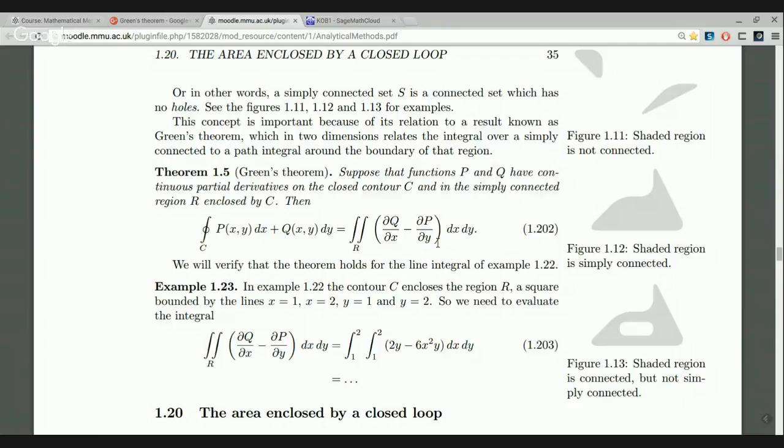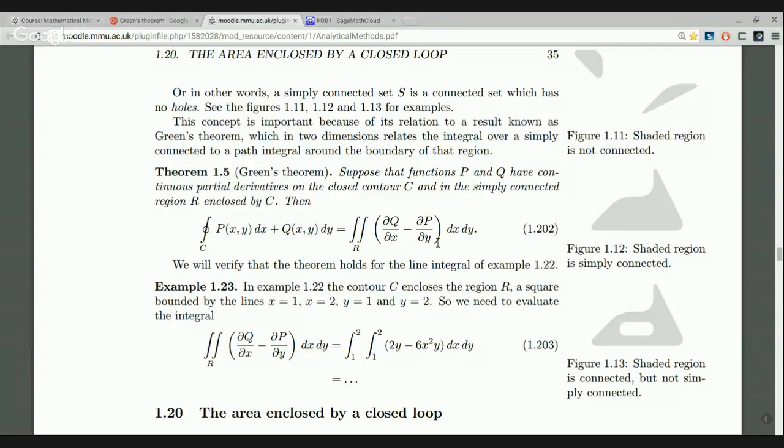So we're going to consider a special case first where the boundary curve C, traversed anti-clockwise, is just this rectangle. It's the rectangle that's lined up with the x and y axes. And the region R is the region inside that. Now, to define the rectangle, we need a pair of x values and a pair of y values. Okay? So this rectangle is going from a to b on the x-axis and from c to d on the y-axis.